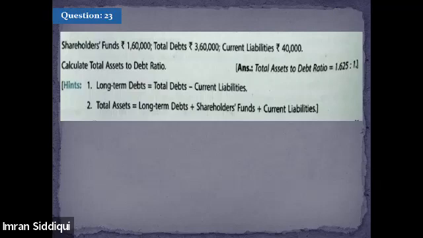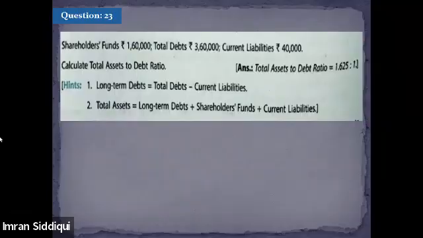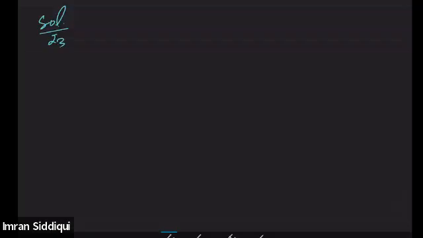So we'll start with question number 23. It says we need to calculate total asset to debt ratio.